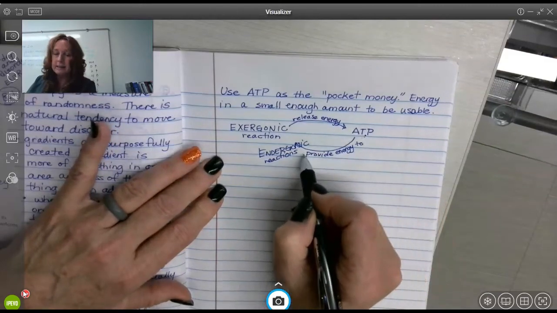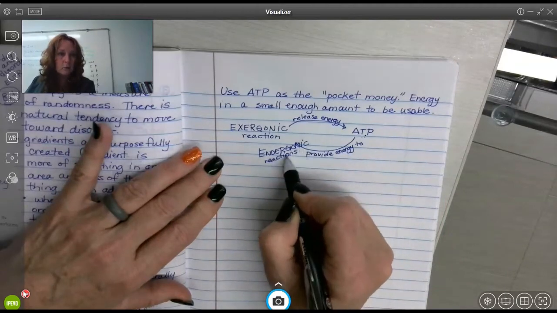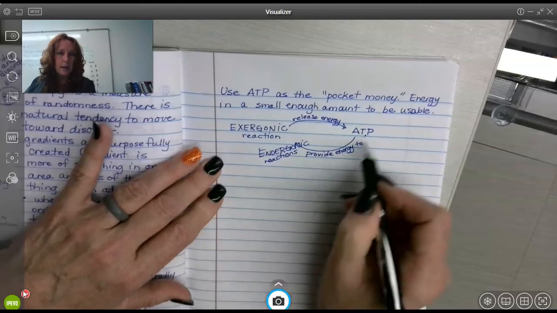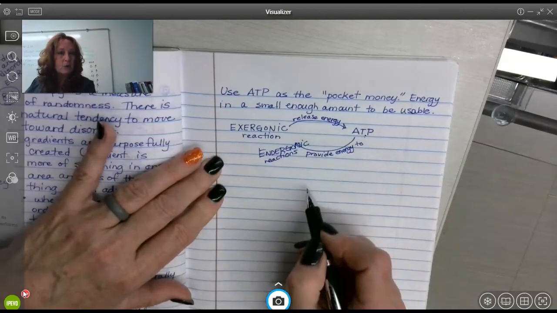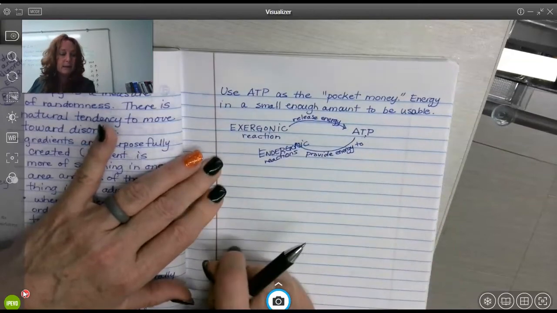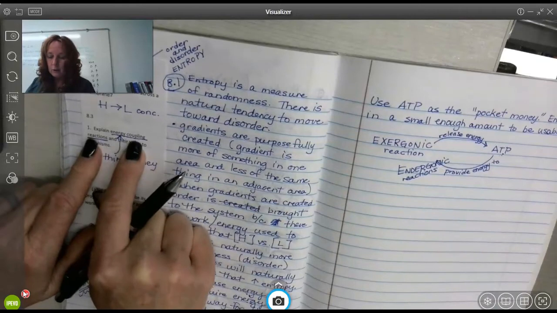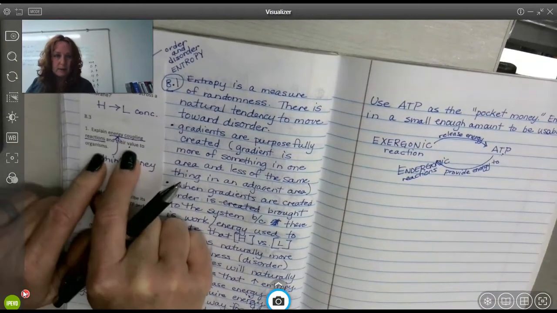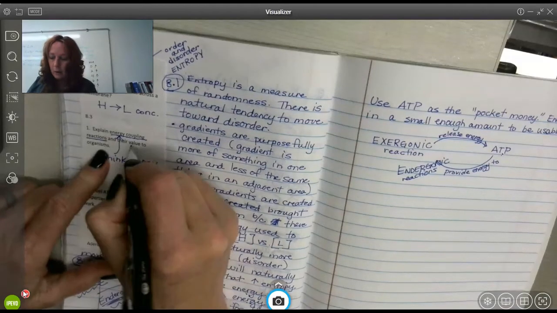Because I need some, because this process requires energy. I'm going on vacation, and that requires money. Okay, go to the bank and get your money. That's all this is. So when they ask you to explain energy coupling reactions and their value, holy cow, isn't that easy to know what the value is now?